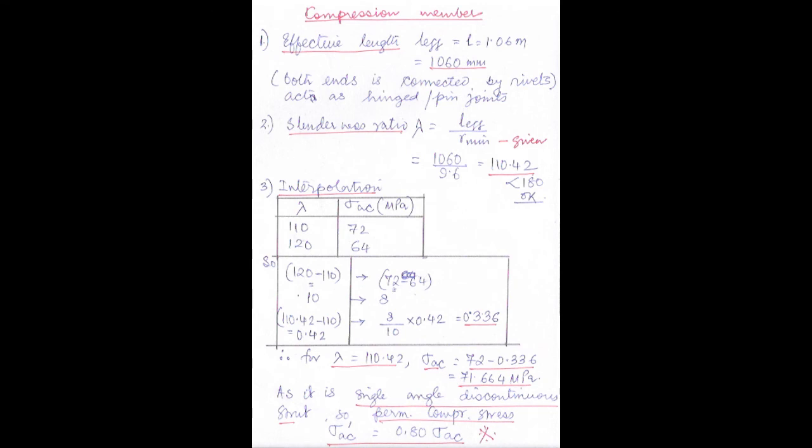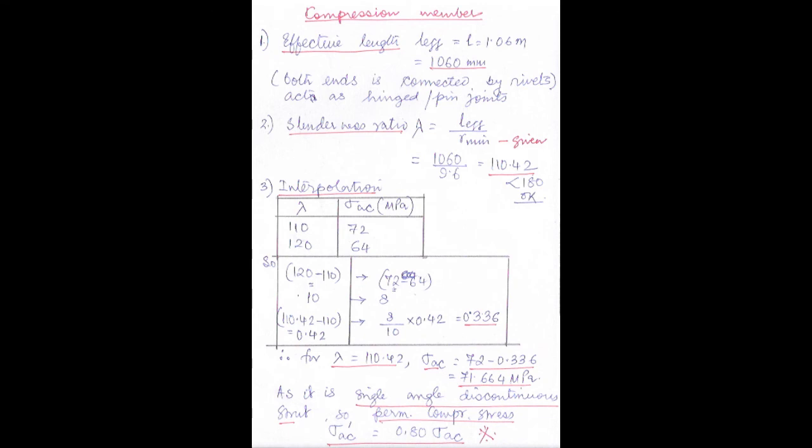I repeat, when lambda goes from 110 to 120, the sigma SC value reduces from 72 to 64. Correct? Since 110.42 is more than 110, the value of sigma SC will also reduce. So here we have done 72 minus 0.336, that is 71.664.